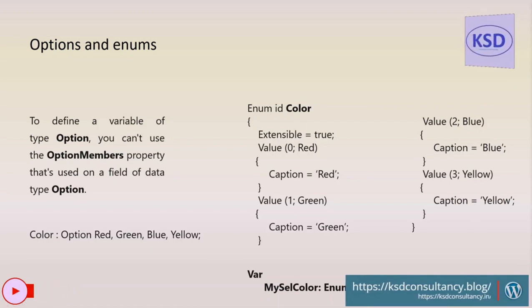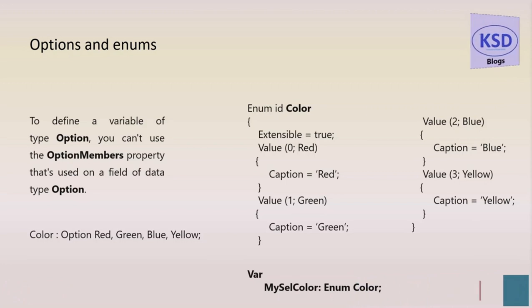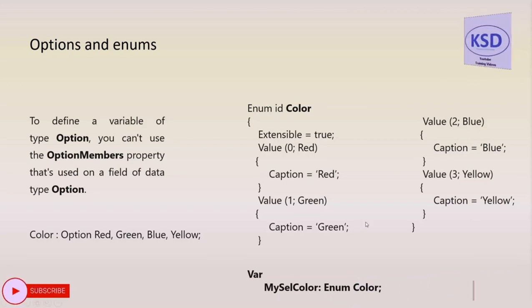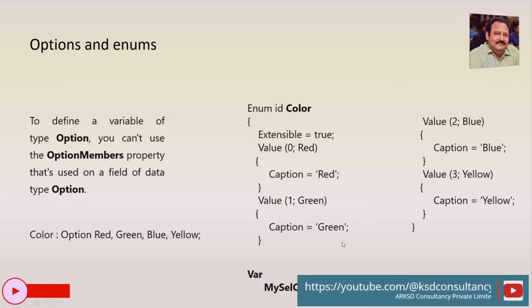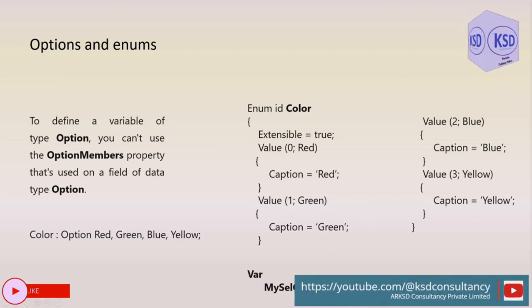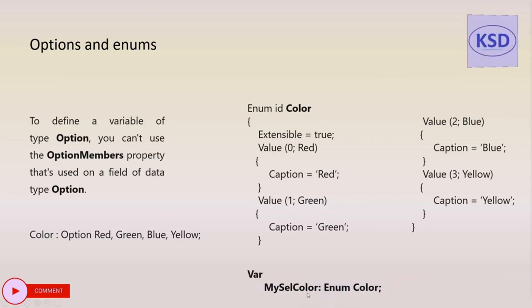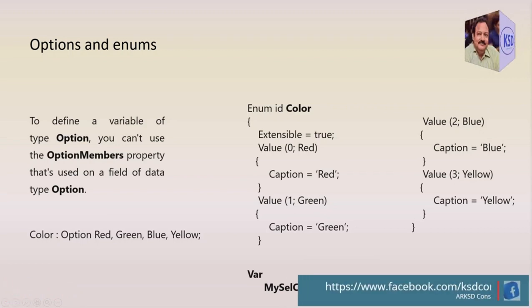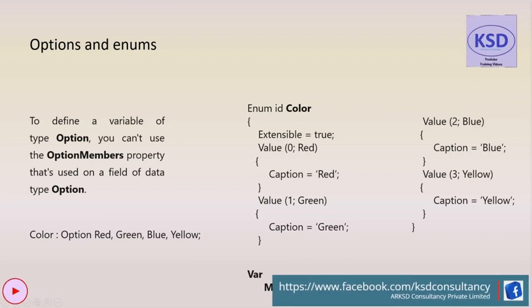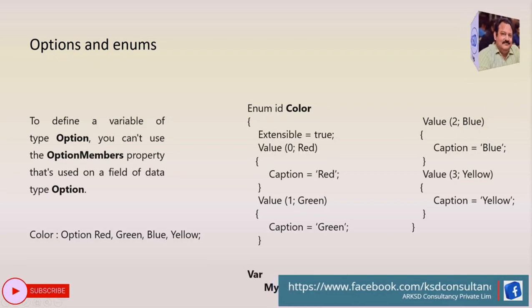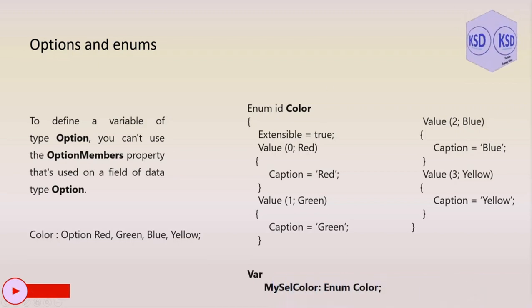Later in due course, you want to change or add a few more values to this enum. So you can extend it and add your extra values. When accessing the enum, you will define it as MySelectedColor. This is my variable or my identifier. Then Enum of type Color. This is how you are going to define your enum.